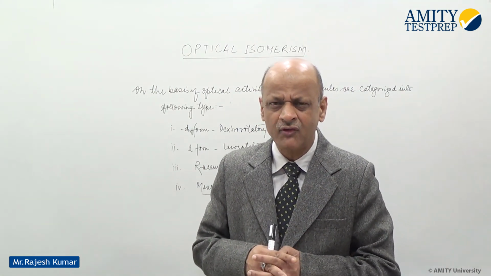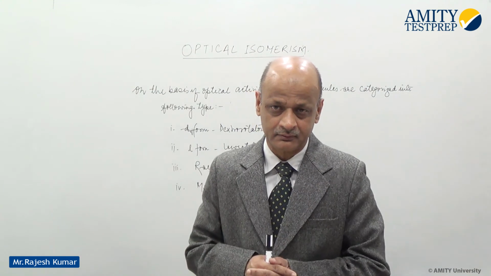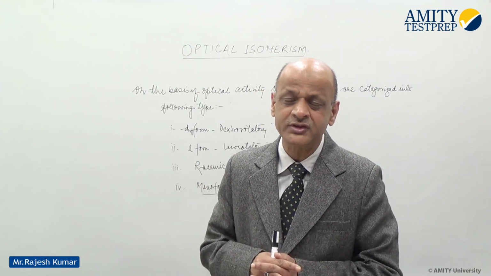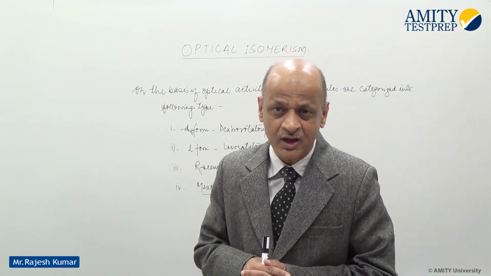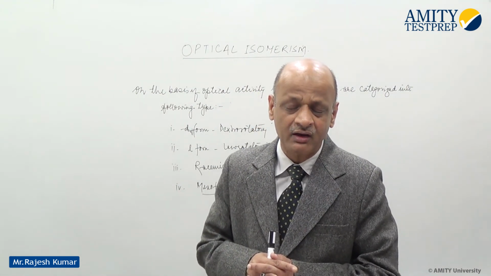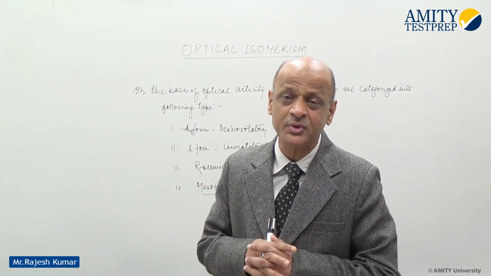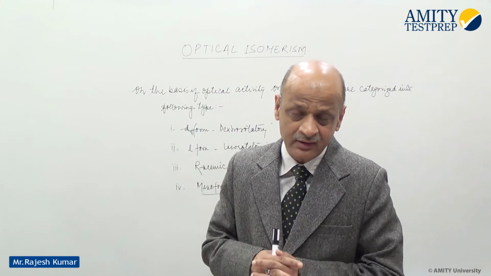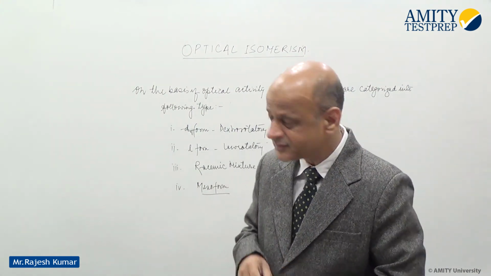Molecules having no element of symmetry are optically active. Those molecules which have a non-superimposable mirror image are dissymmetric, optically active, and said to be chiral. As for example, come on here.